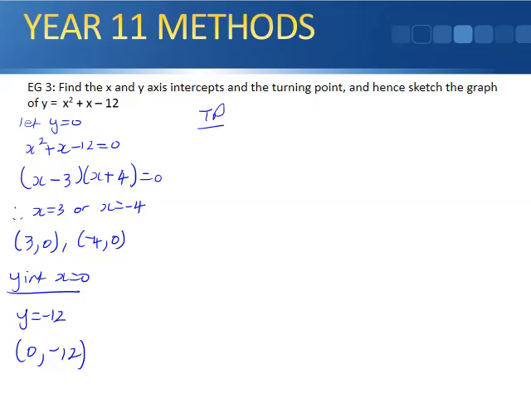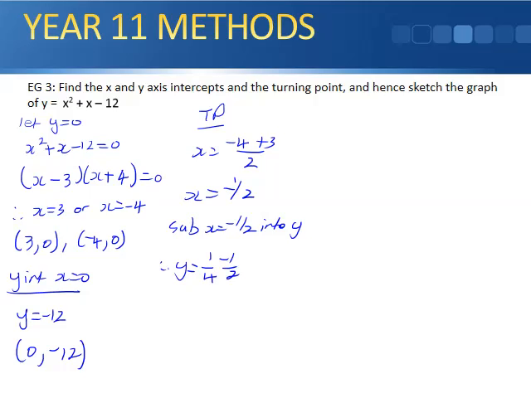And the turning point, we'll do the x part of the turning point over here. We have -4 plus 3 divided by 2, which means it's -1/2. So that's what the x part is. And I'm going to substitute x equals -1/2 into y. Therefore I get y equals (-1/2) squared becomes 1/4, minus 1/2, and minus 12.